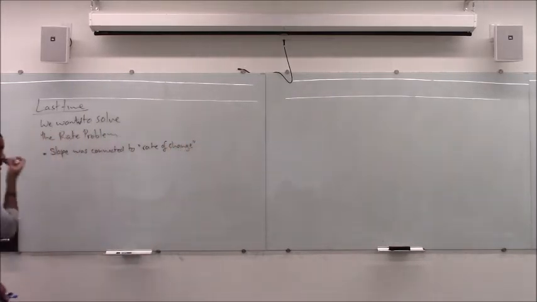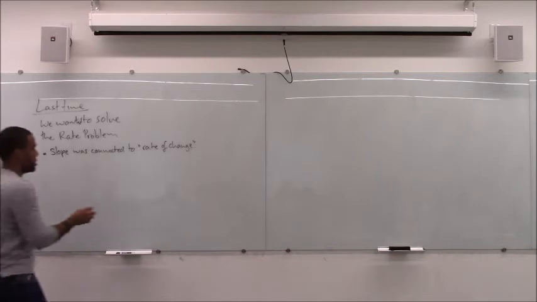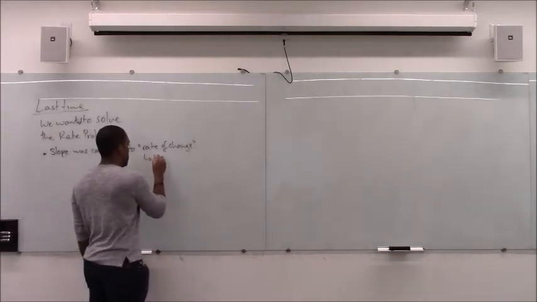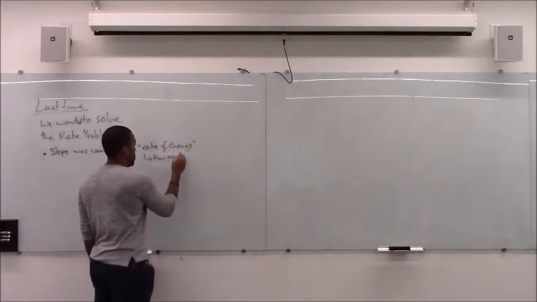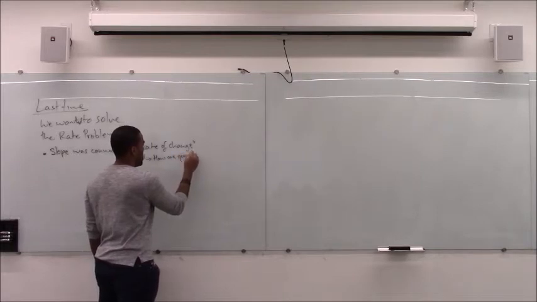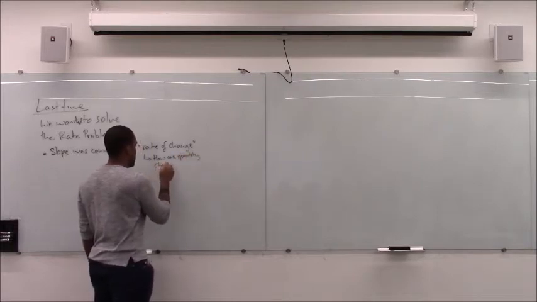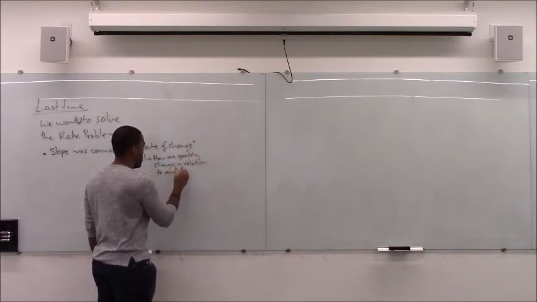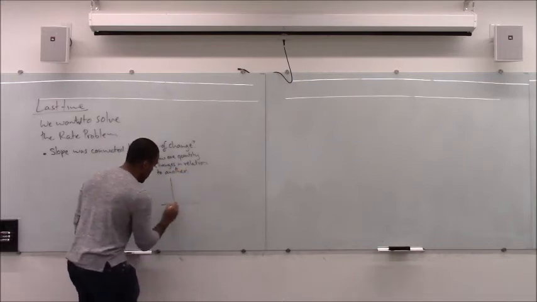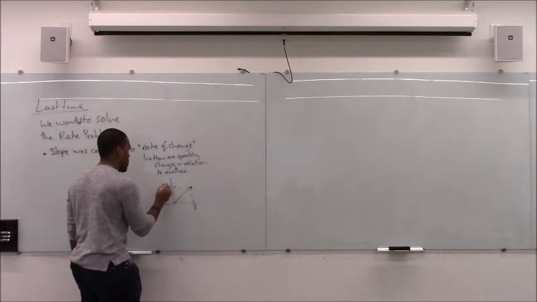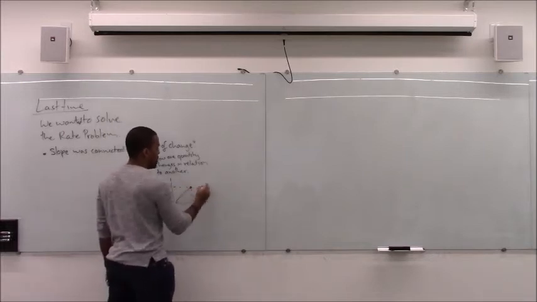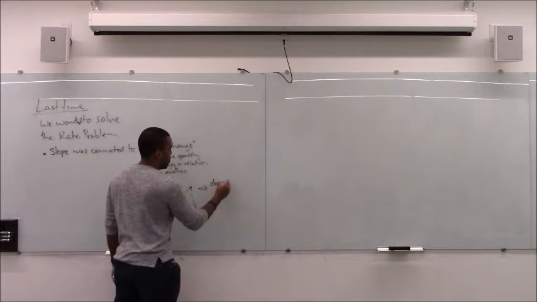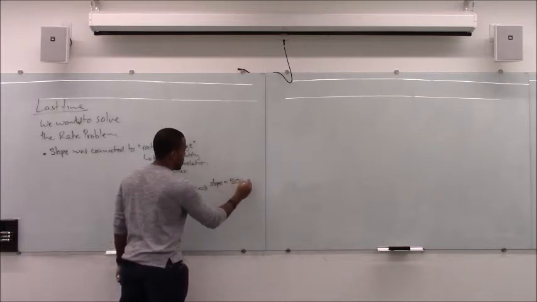Or more specifically, how one quantity changes in relation to another, right? So we looked at that example where you had an object that over 3 hours traveled 150 miles, and the slope was 50 miles per hour.